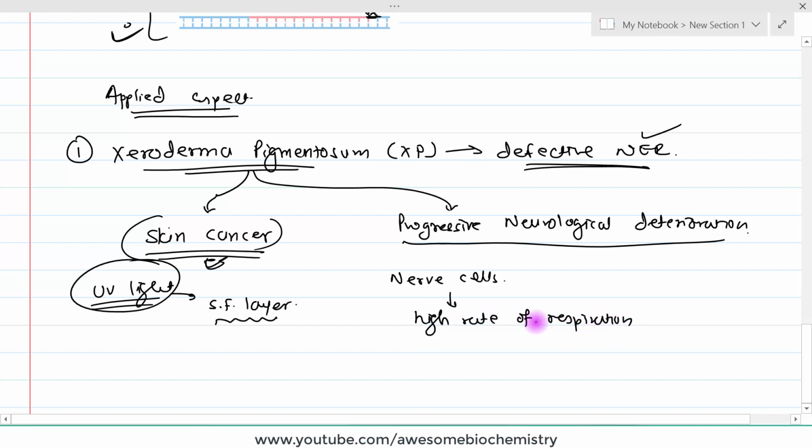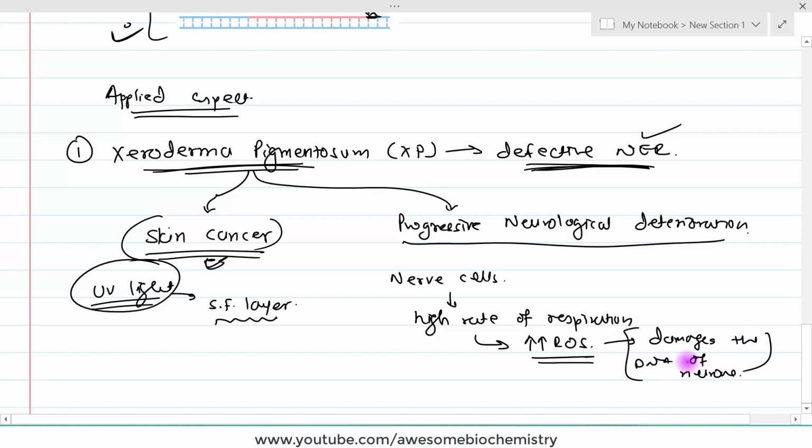And because of the high rate of respiration, it has more and more reactive oxygen species. Generally, these reactive oxygen species are not problematic for us. Why? Thanks to our normal nucleotide excision repair. But if it is defective, as seen in xeroderma pigmentosum, this ROS damages the DNA of neurons, and so our central nervous system is affected.